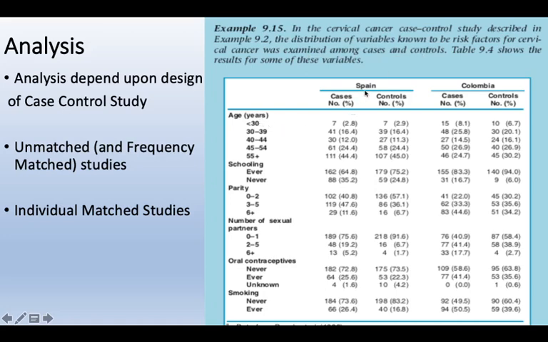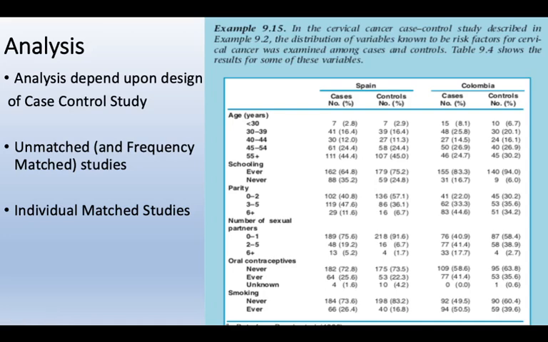The study is in Spanish and Colombian populations. These are the cases and their controls, compared with the Colombian cases and controls. Now this is an unmatched and frequency matched study, because we are taking two different populations, Spanish and Colombian, and matching those findings on certain socio-economic, age, schooling and education parameters.